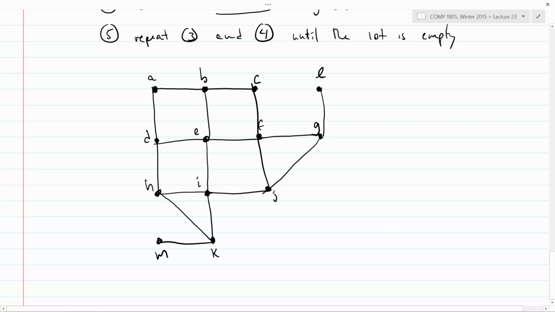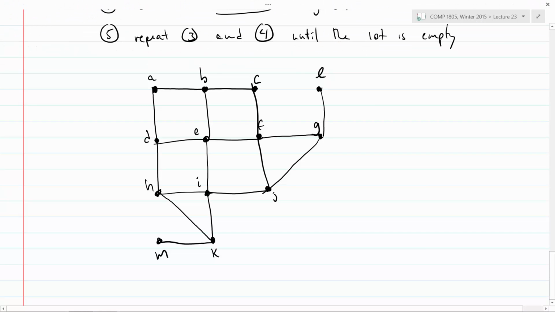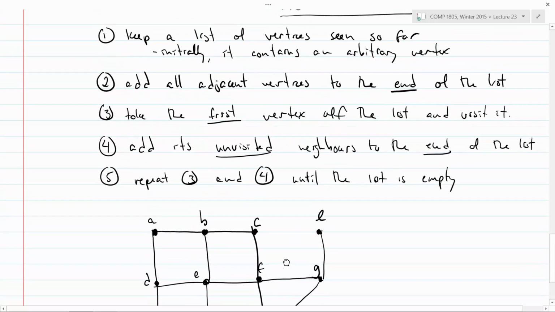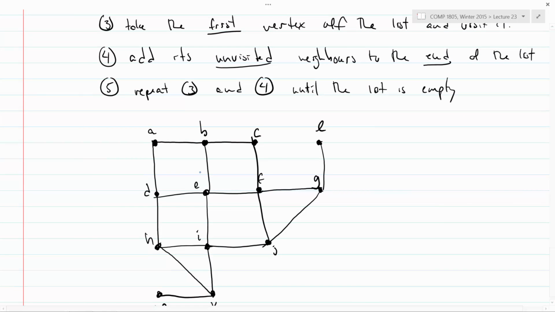There. All right, so I'd like to do a breadth first search of this graph, and I'm going to start at E. So what I do is I say, okay, keep a list of vertices seen so far. The very beginning is I put my list over here, and initially it has E in it.